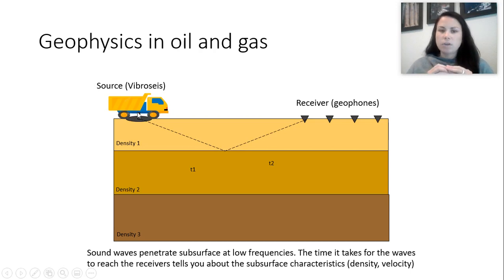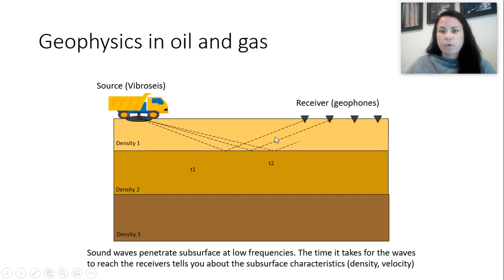Then it penetrates out radially. What this acoustic wave does is it hits layers in the subsurface and bounces off of them. The receiver here measures how long it takes to receive that signal. As there are different densities in the subsurface, they bounce at different angles, and it takes longer for them to get there.